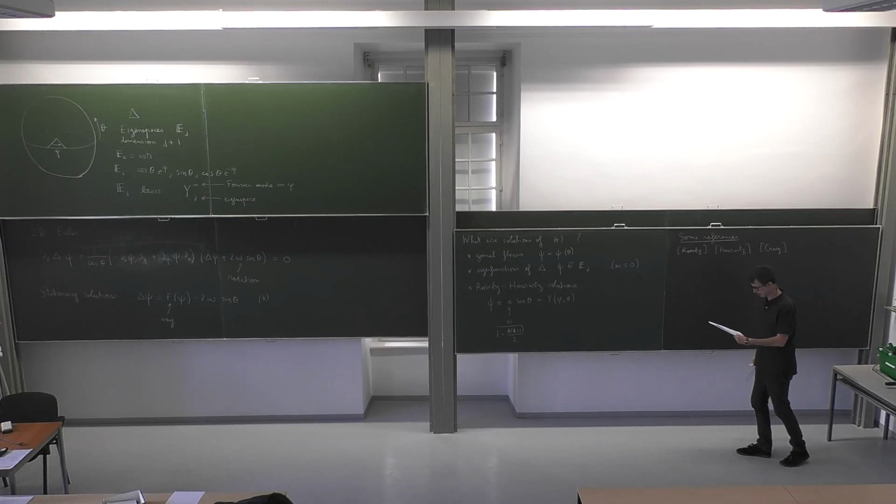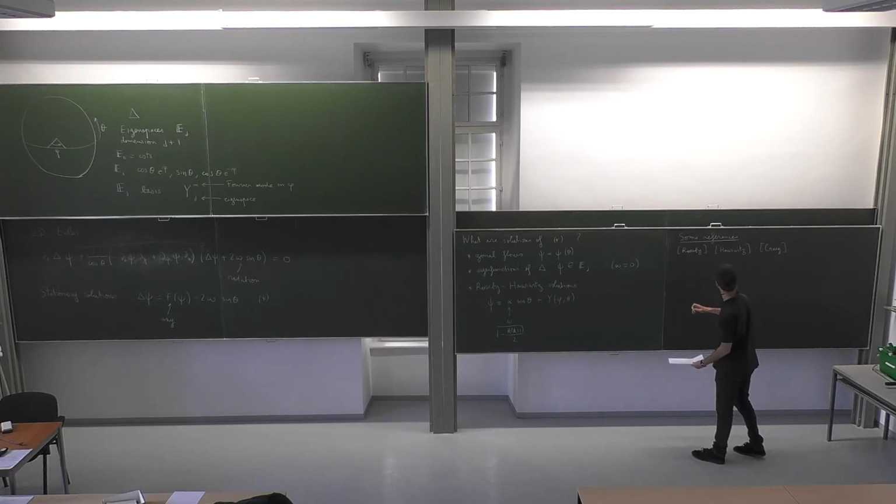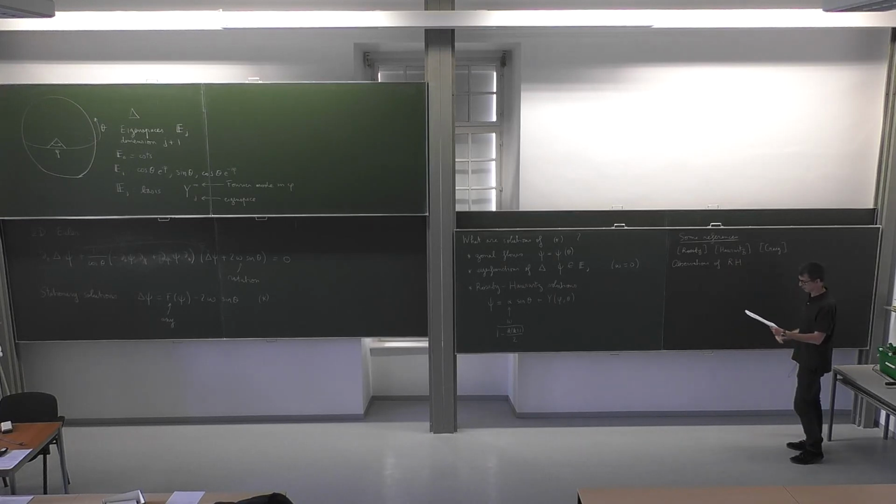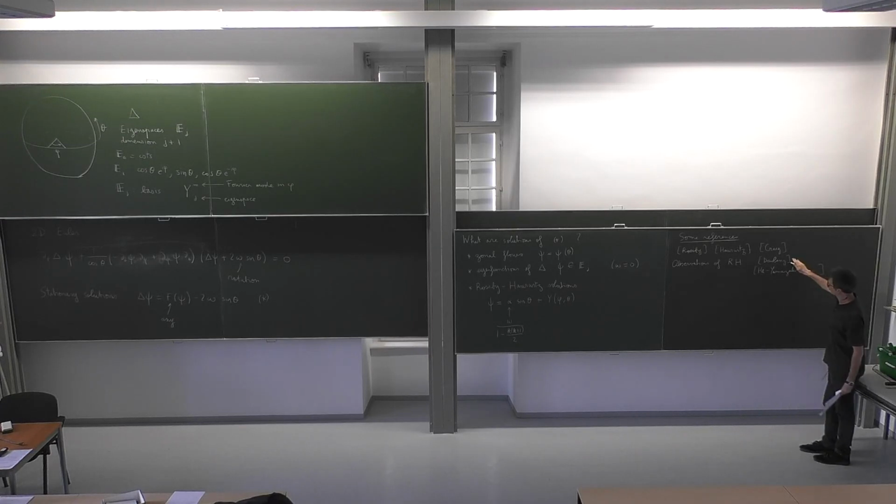Then there are some observations of Rossby-Haurwitz waves. So there is Tweedling on Earth, and there is Yamazaki, Mazaki, Hoffman. So this is for Earth, this is for the solar system.